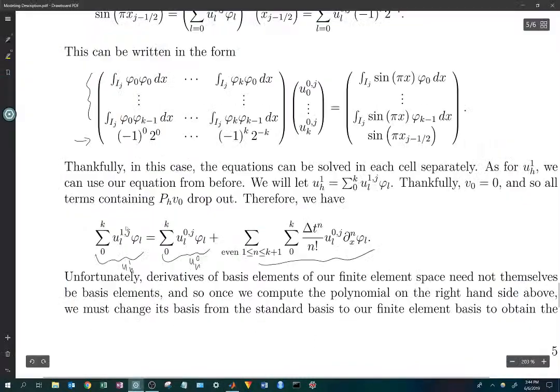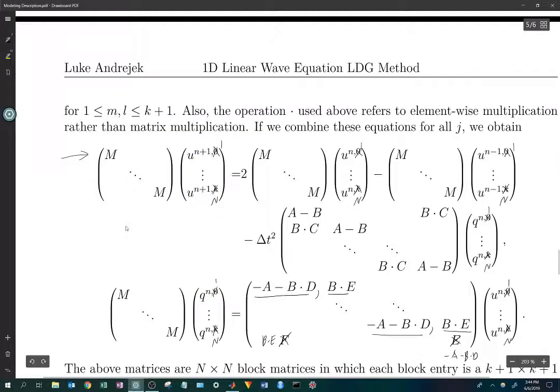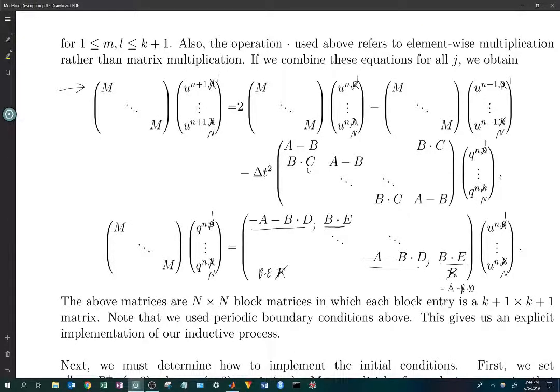If you remember, if you look at the matrix equations, that's where this B times C term comes from. So we're going to be using that matrix P to tell the program where to put B times C, the blocks. And of course, A minus B will just go along the diagonals.